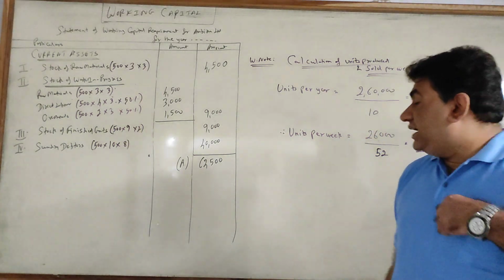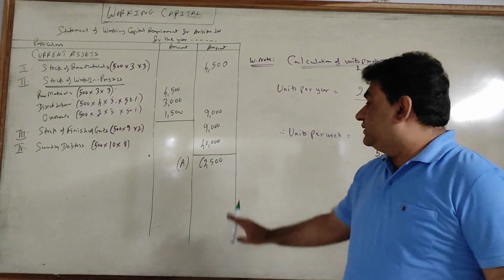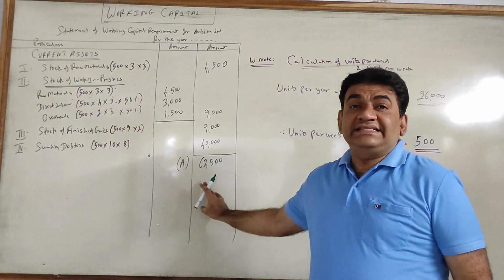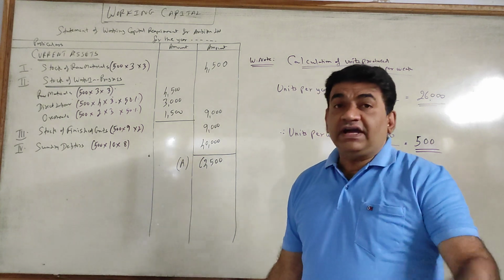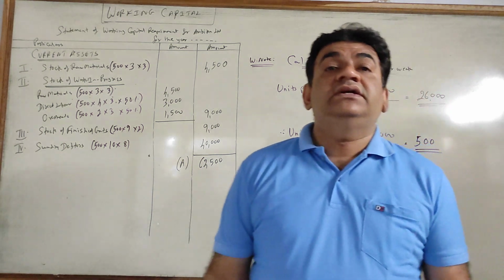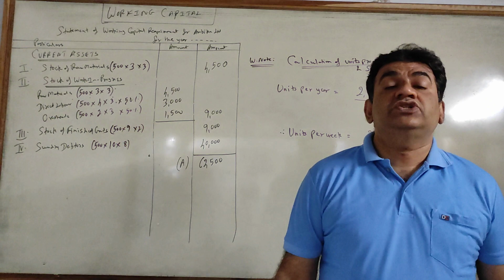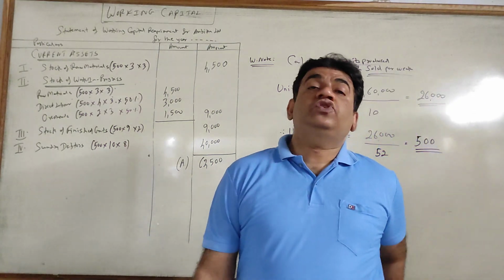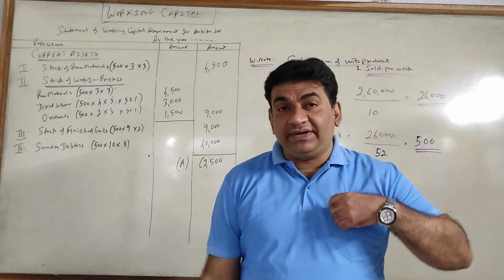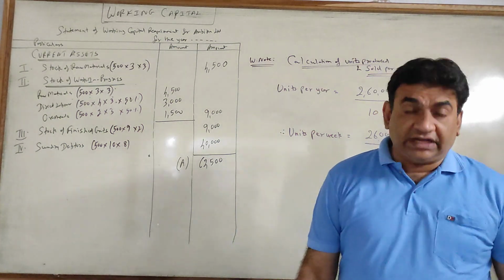Write capital A and put it in brackets. Now this is what? This is my total of current assets. Total of current assets in this chapter is also called as gross working capital, given in theory and objective also.